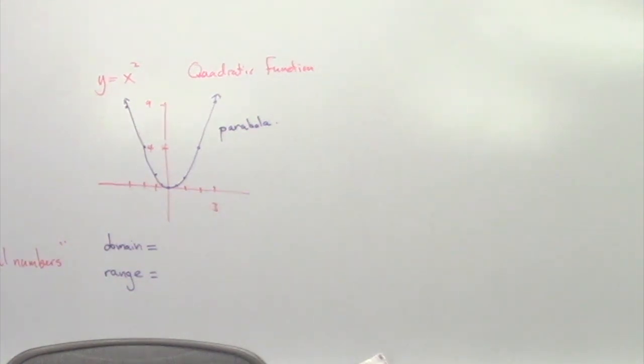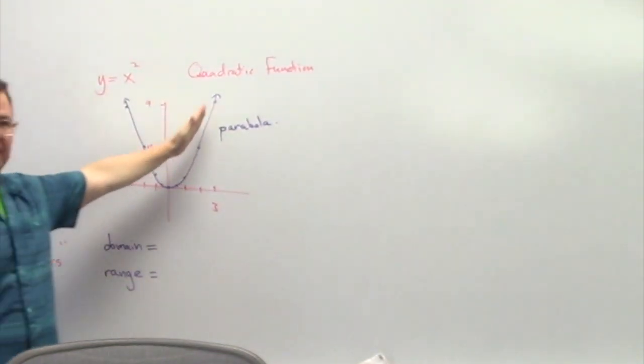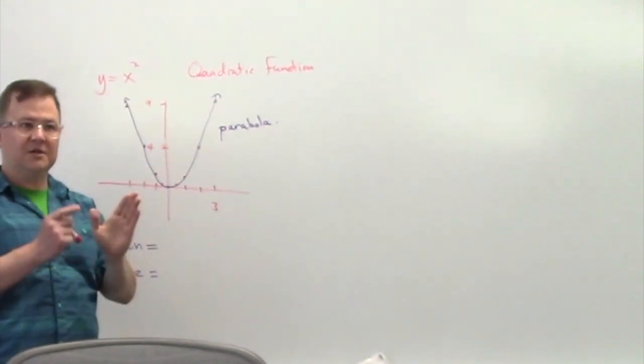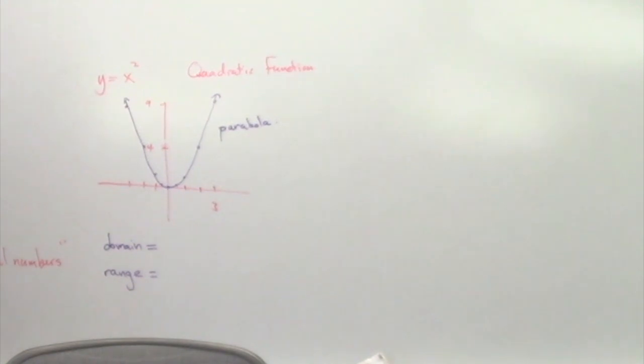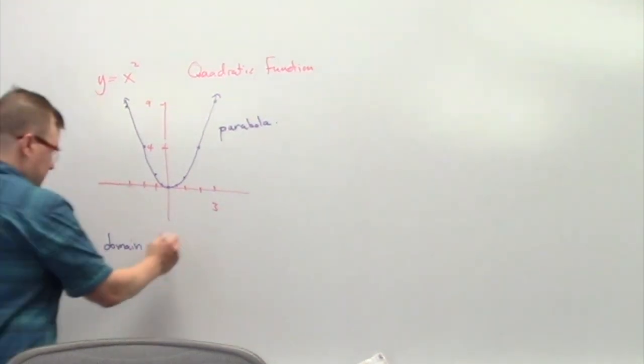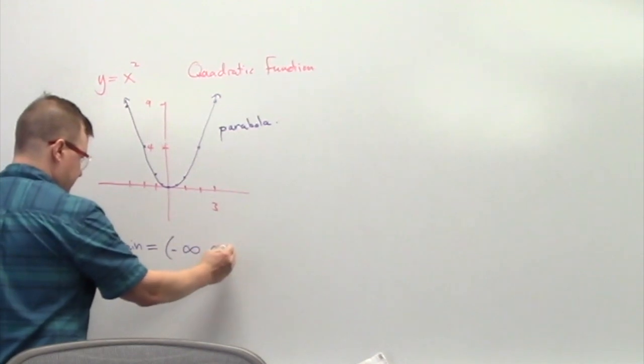To say the domain is all real numbers is to speculate that if I continued drawing, the graph would get wider and wider, and if you go far enough, you'll eventually pick up any real number.